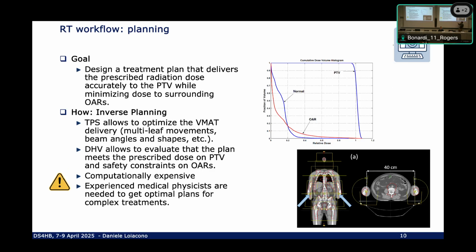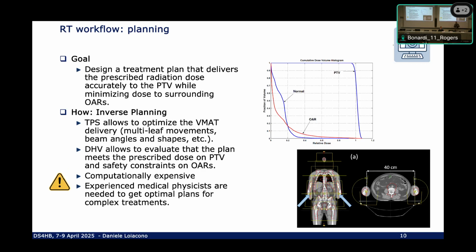And again, especially when the treatment is complex, this can require a lot of expertise from the medical physicist to optimize the plan and get a good plan for the treatment.